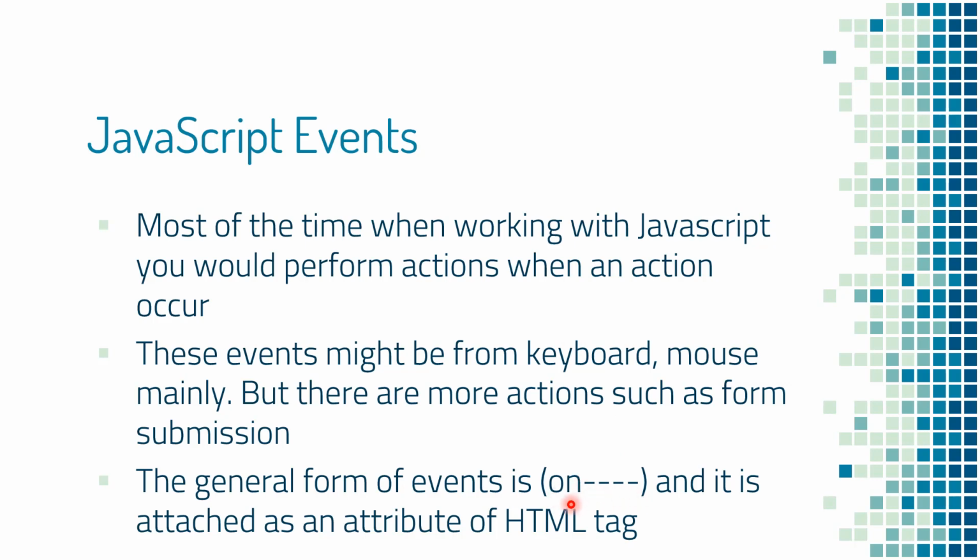If you want a double click, it's going to be ondblclick. If a key has been pressed on the keyboard, then you may say onkeypress. It will all be something like this, and the way you attach it is to add these keywords as an attribute to the HTML tag, to link where the action will take place.